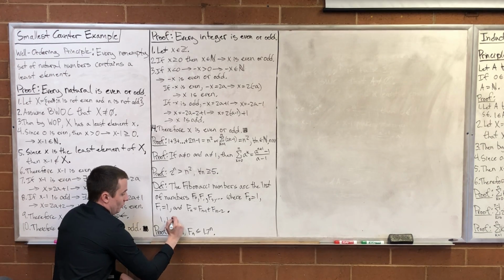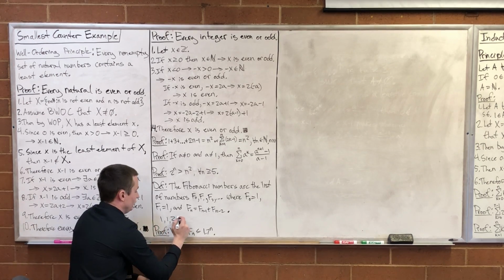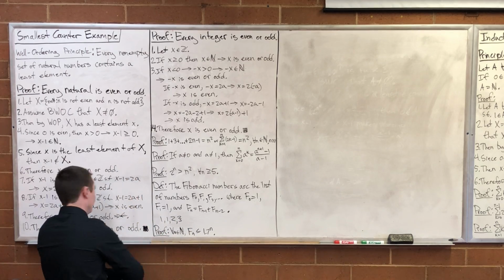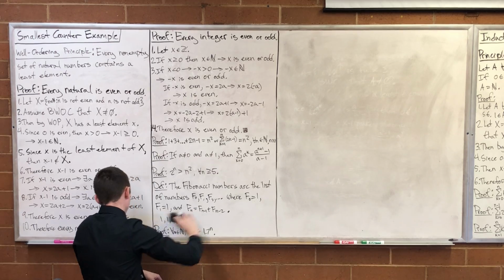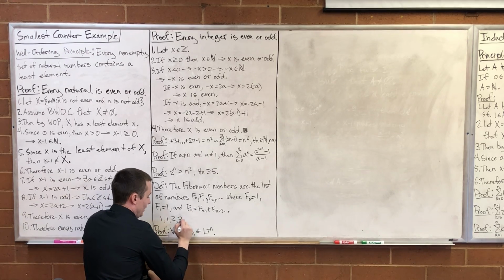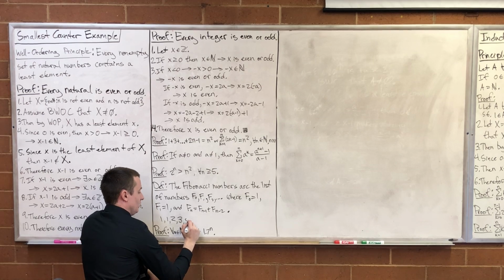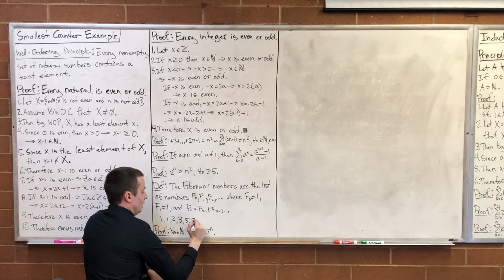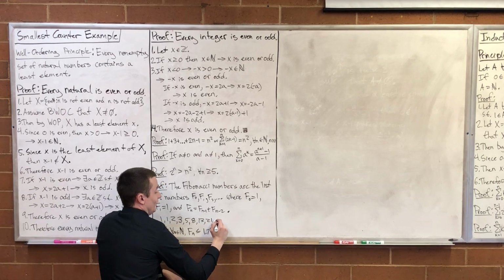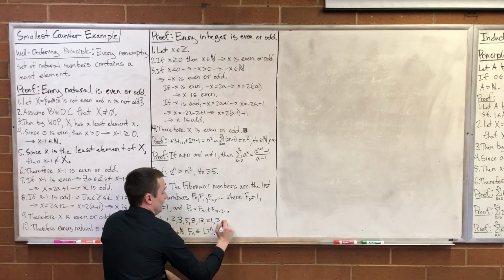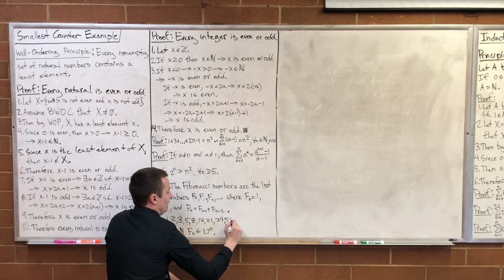2. What comes after 2? 3. Good job. What comes after 3? After 3 comes 5. Then 8, 13, 21, 34, then 55.